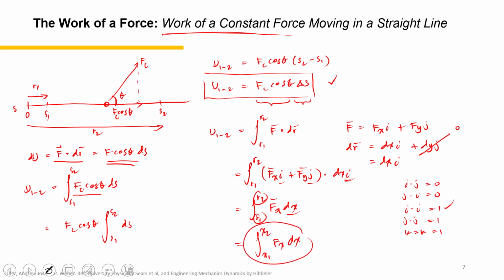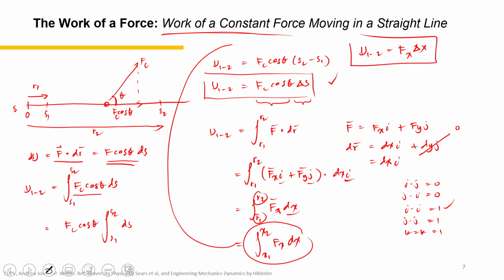And this is pretty much the same as the above, only that your symbol or letter is x instead of s, and this would result in a similar equation. They are just the same. Fx is equal to Fc cosine theta, and delta s is equal to delta x. Okay?